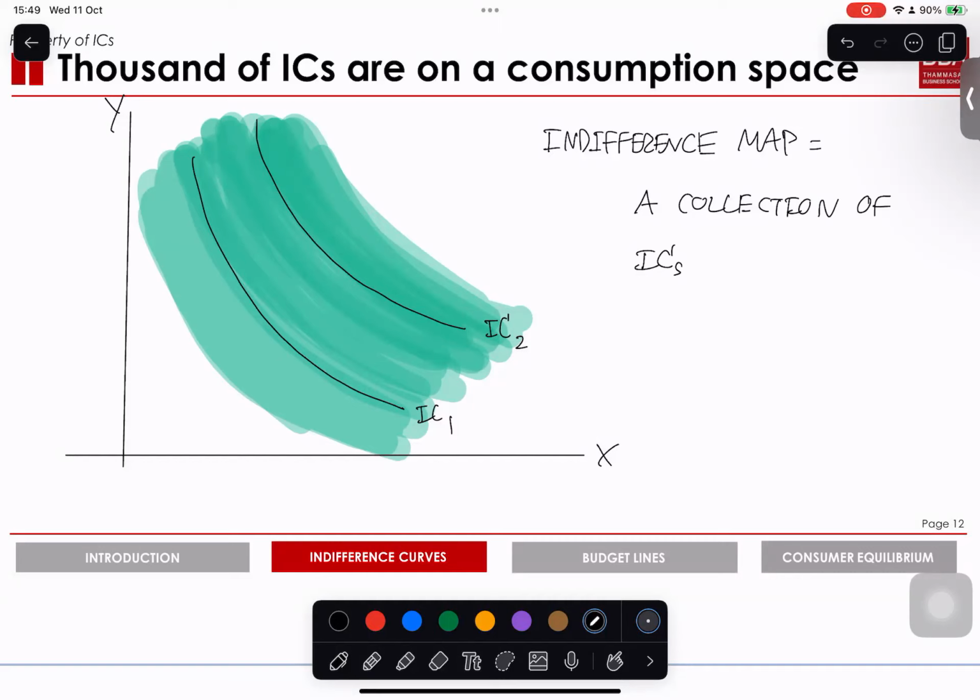Just right next to IC1, there is one noodle here next to IC1, and it goes on and on and on. So a family of thousands of indifferent curves we call an indifferent map, a map.